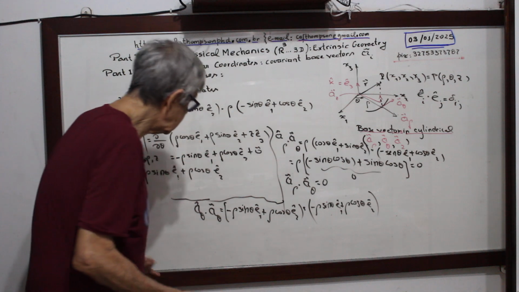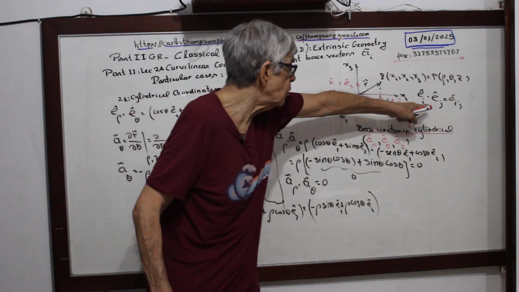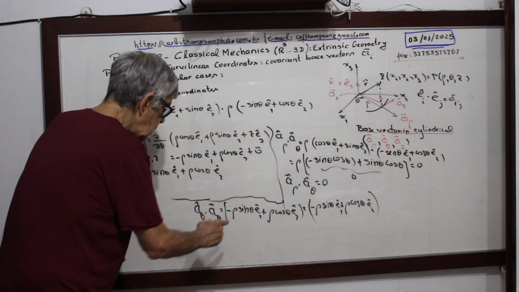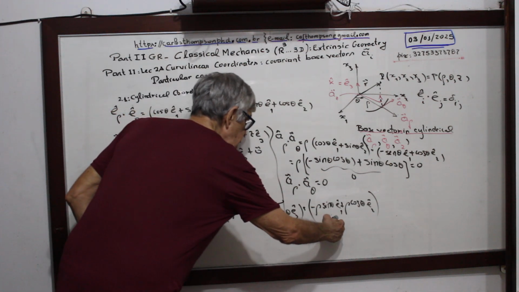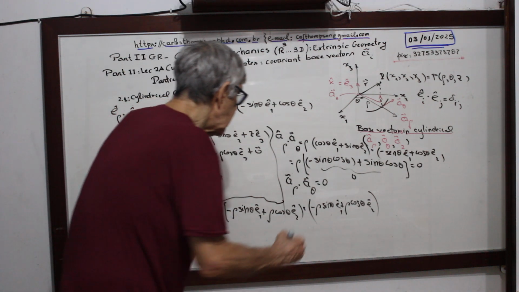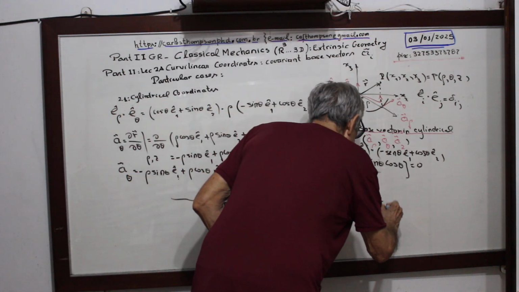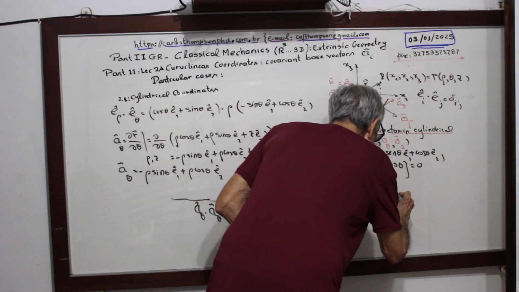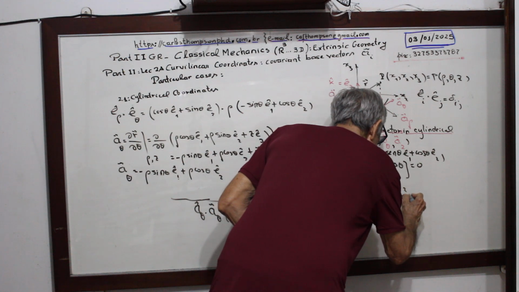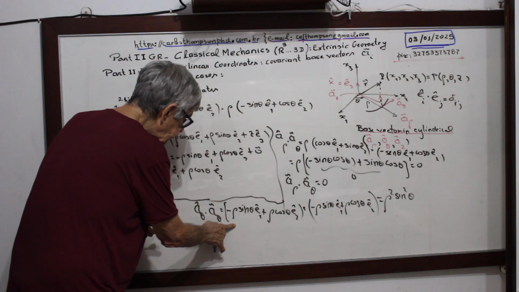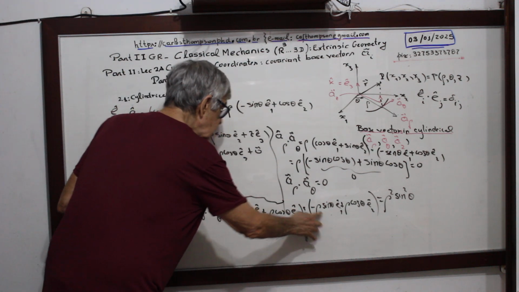Now it's easy. Look, remember always the Kronecker delta. E1 dot U1 will be 1. So this will be rho square sine square. Attention now, I have rho here and I have rho here.